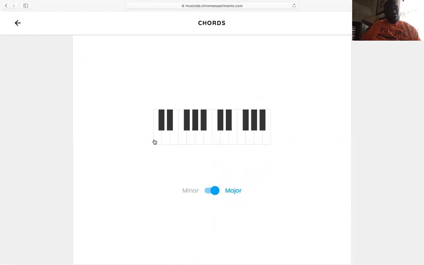So on the arpeggio of the C chord, you have C. I have my keyboard, so let me turn it around. Stop sharing, and I'll let you see the keyboard.